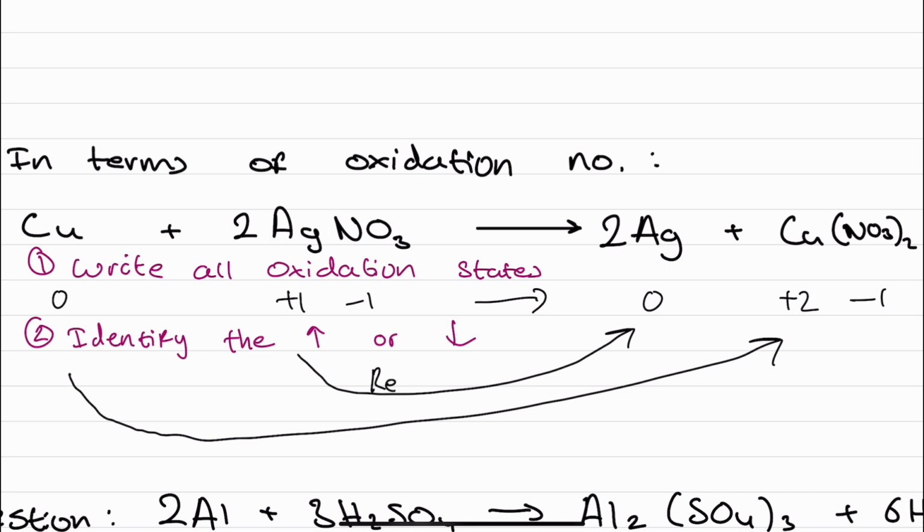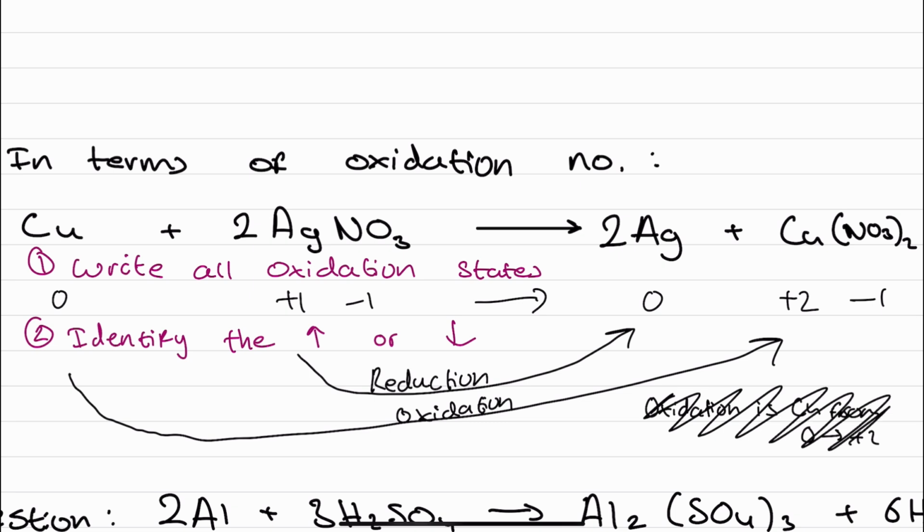Meaning that this is a reduction and this is an oxidation. And leaving it at that, of course, specifying in the end, oxidation is Cu from 0 to +2 and so on. That's obviously required in a real exam question. However, just like this, working it out is all you do.